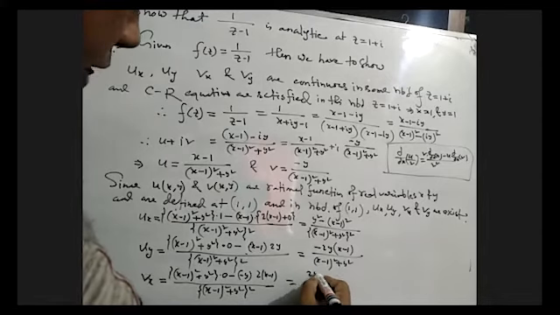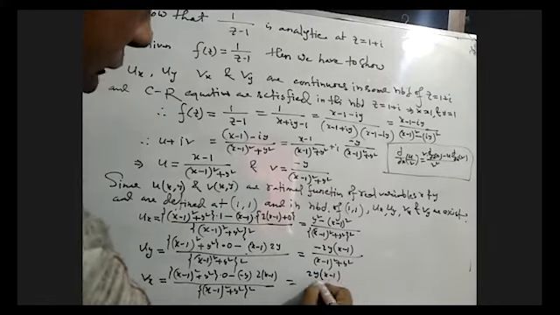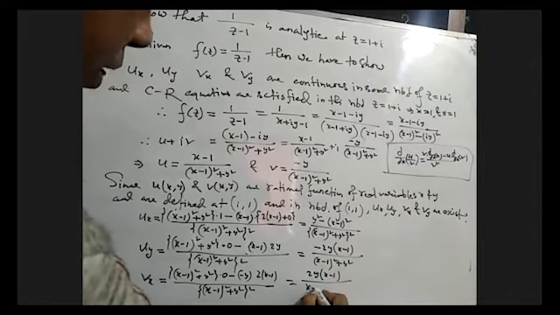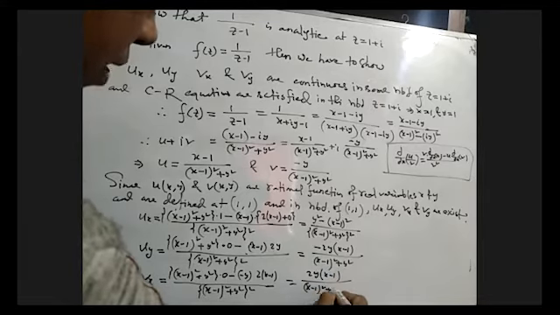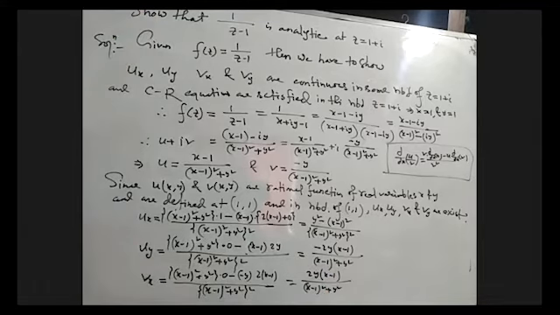Twice y (x minus 1) divided by (x minus 1) whole square plus y square, whole square. Similarly, partial differentiation of b with respect to y. Similar process, the u by b process.